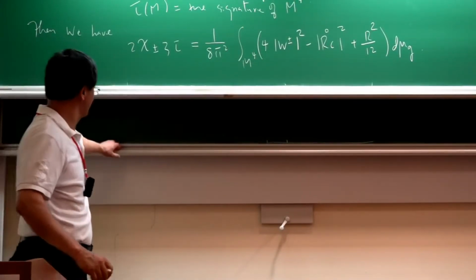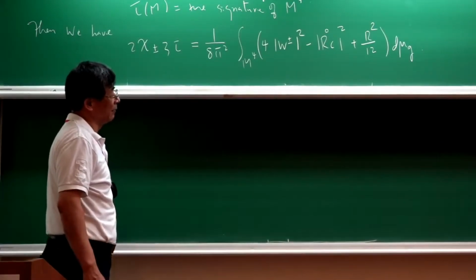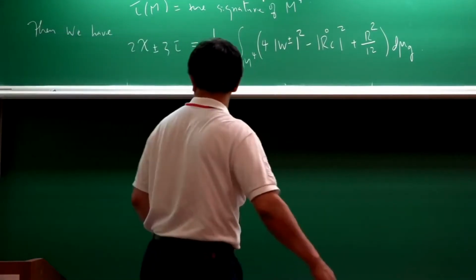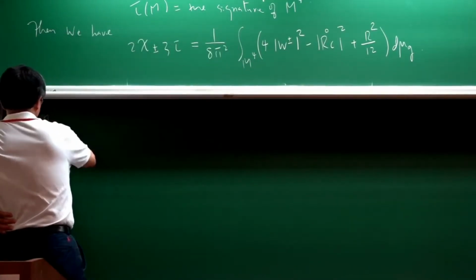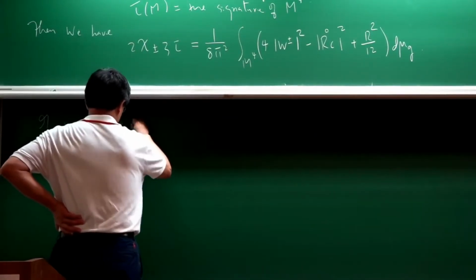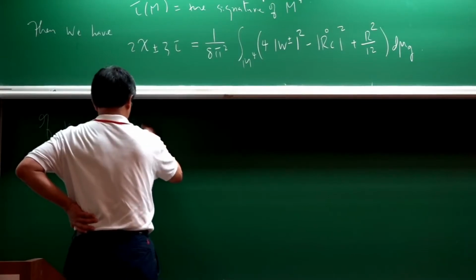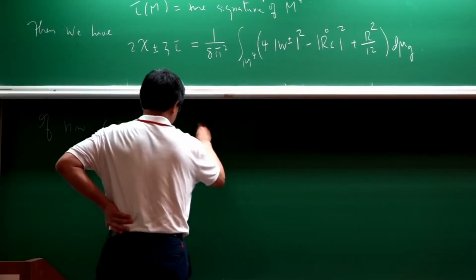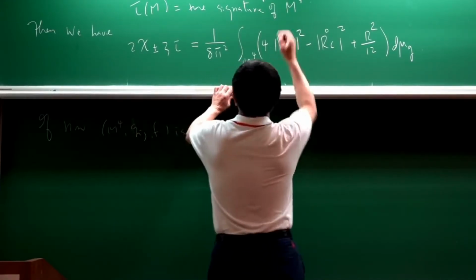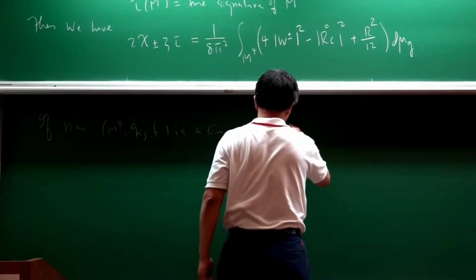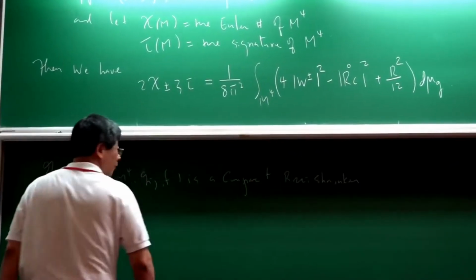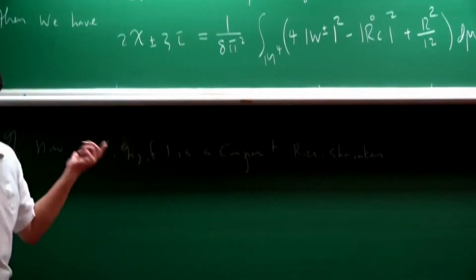So in this case, yesterday I wrote down the relations. If M4, G is a compact Ricci shrinker, we could use any metric related to G, right?